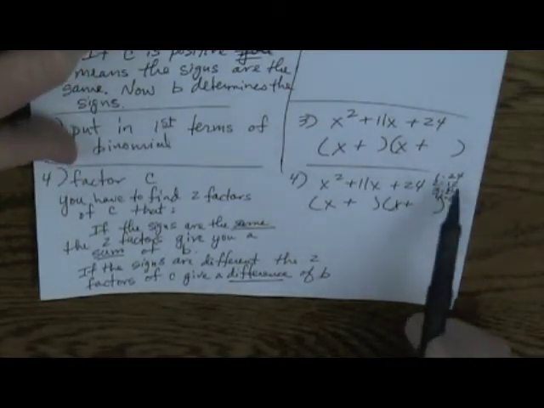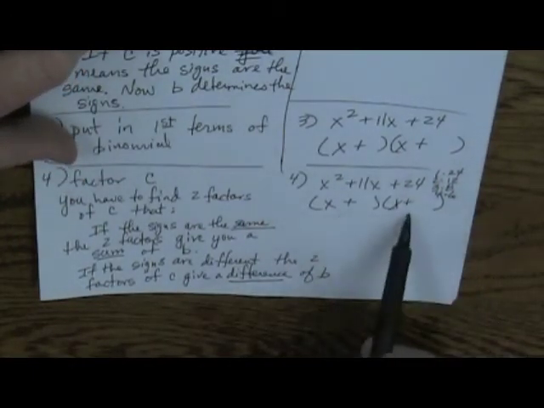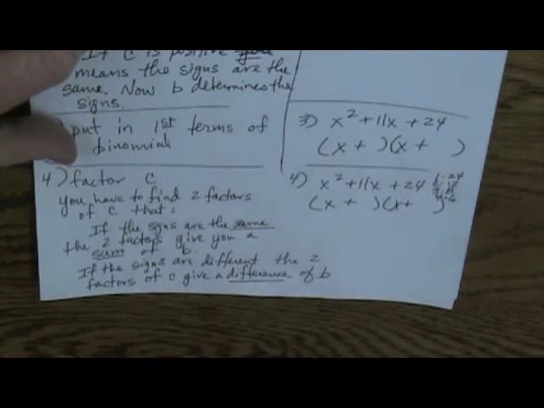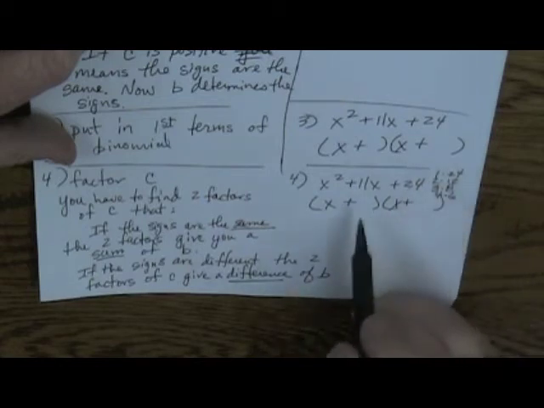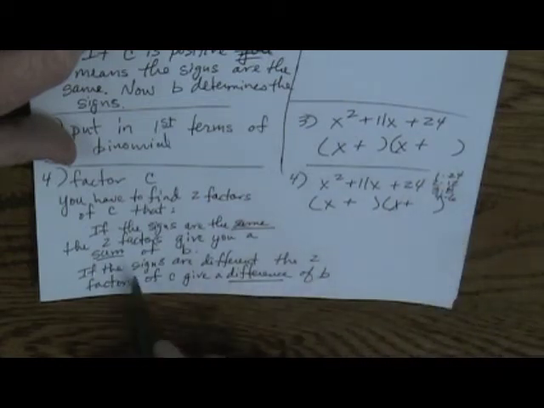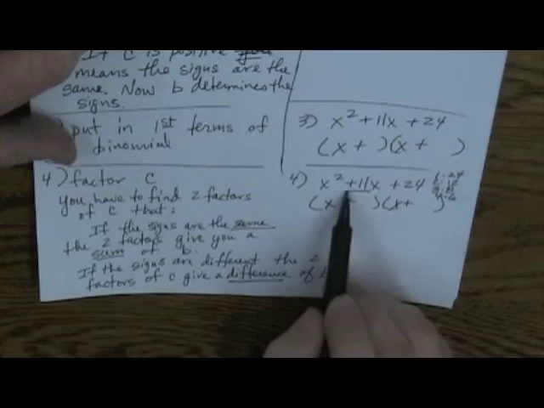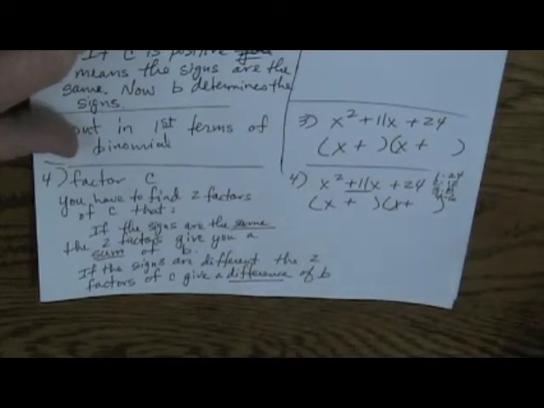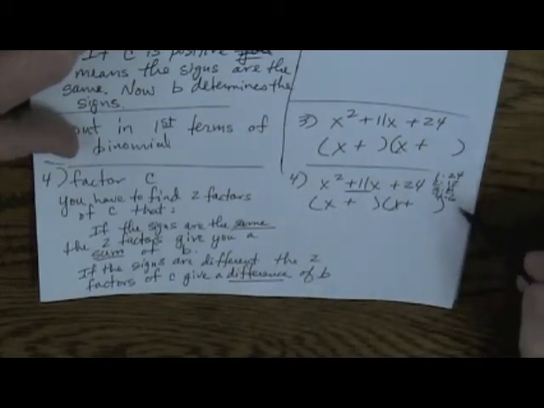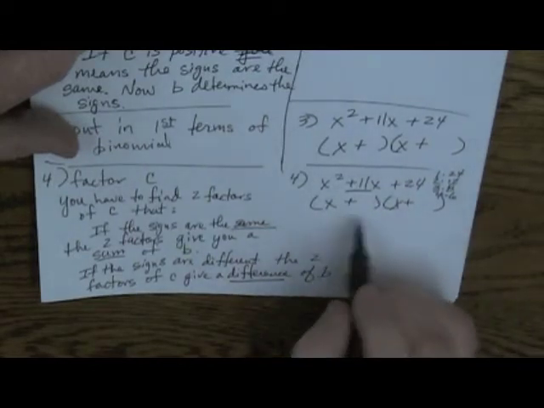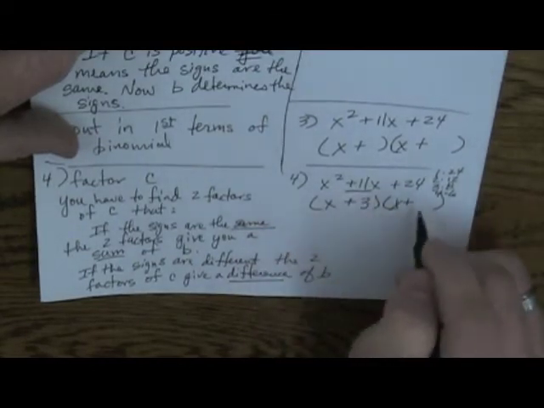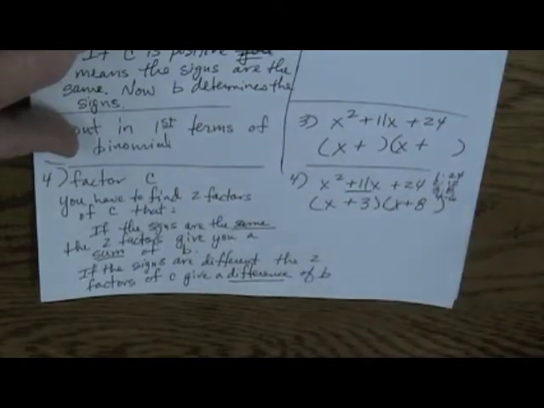Here's what you do. When you factor C, you look at your signs right here. They're the same, okay? So we're trying to find a group of factors in here whose, since these signs are the same, whose sum is 11. So what two factors in here give you a sum of 11? 3 and 8. And since the signs are the same, it does not matter where you put the 3 and where you put the 8.